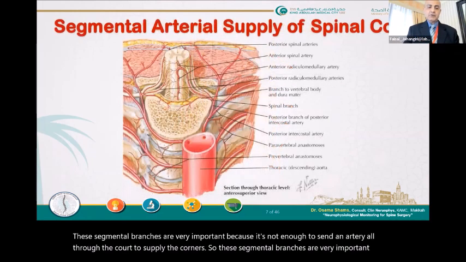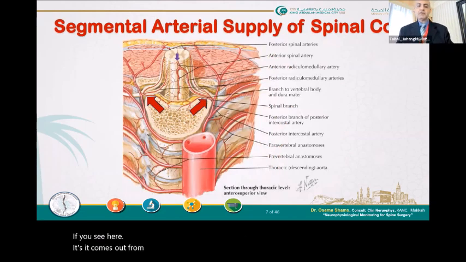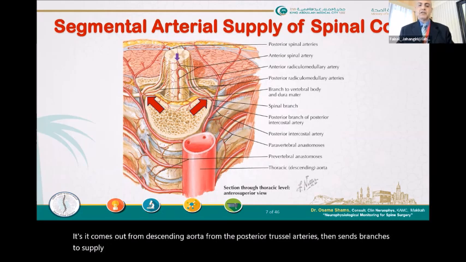And if you see here, it comes out from the descending aorta, from the posterior intercostal arteries, then sends branches to supply the vertebral body, roots, motor and sensory, and continues to join the anterior spinal artery.